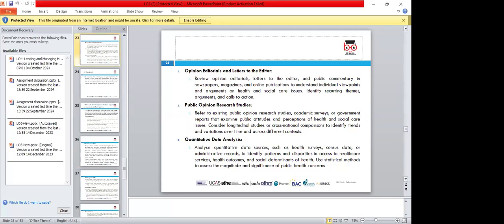Opinions, editorials, and letters to the editor. Review opinion editorials, letters to the editor, and public commentary in newspapers, magazines, and online publications to understand individual viewpoints and arguments on health and social care issues. Identify recurring themes and arguments.